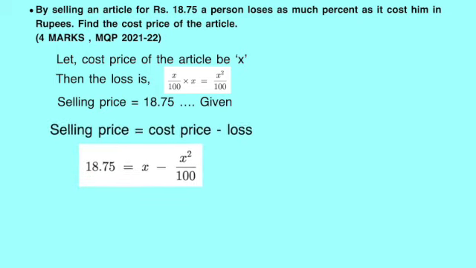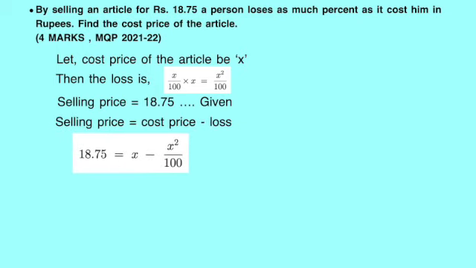Now next, we have to solve this equation. In this equation, there is 100 in the denominator. To eliminate that 100 and bring it in the integer form, we multiply the whole equation by 100.